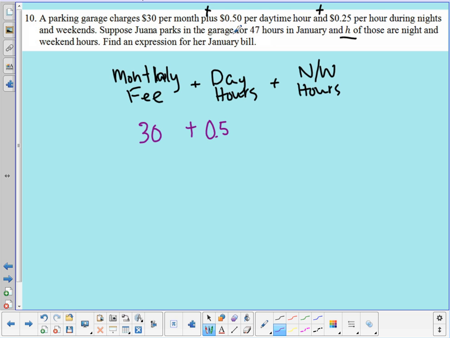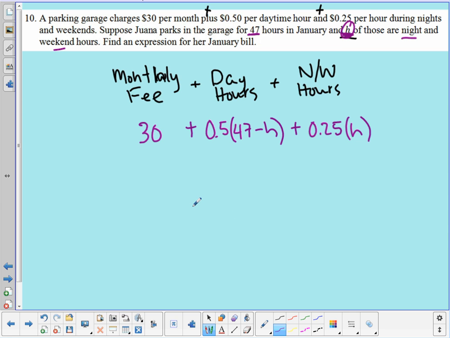Now we are told her total, and we're told that H is for nights and weekends. Well, if H is nights and weekends, that means the total minus H is the daytime hours. So I'm going to take the total and subtract H. Then I have the nights and weekends. Nights and weekends are 25 cents. Cheaper to park there on the nights and weekends. Times the number of night and weekend hours, which we were told was H.